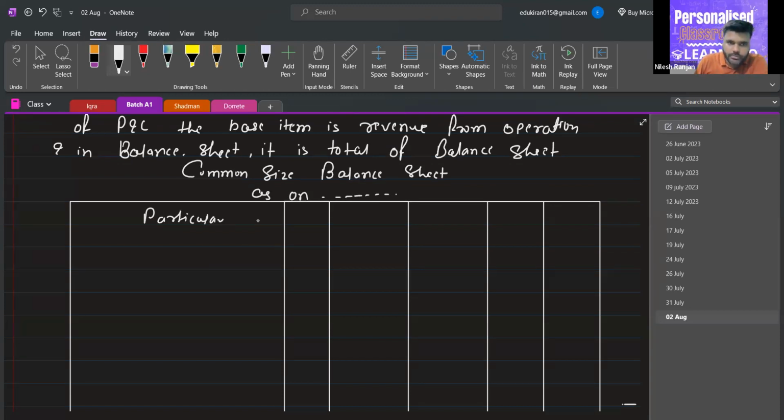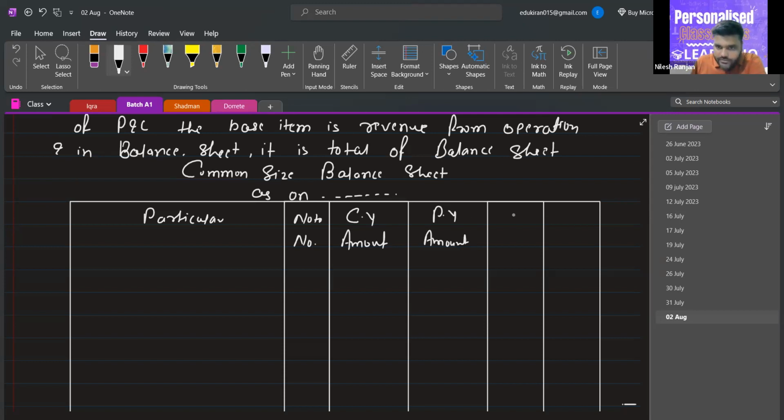Now, particular, note number, current year amount and previous year amount. Actually, I'm writing P.Y. You have to write the full form, not this short form.